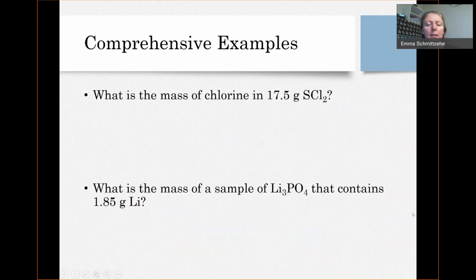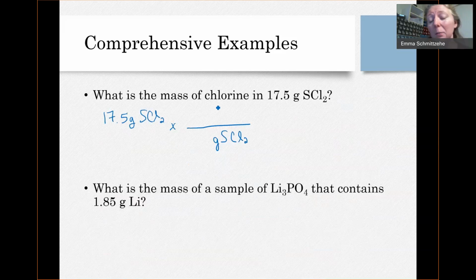So let's see. Now I have what is the mass of chlorine in a 17.5 gram sample of sulfur dichloride. Okay. So again, I only have one number, so I'm going to start with that one number. So 17.5 grams of SCl2. Okay, so I definitely want to cancel grams of SCl2, and I want mass of chlorine, so we'll say grams of chlorine.